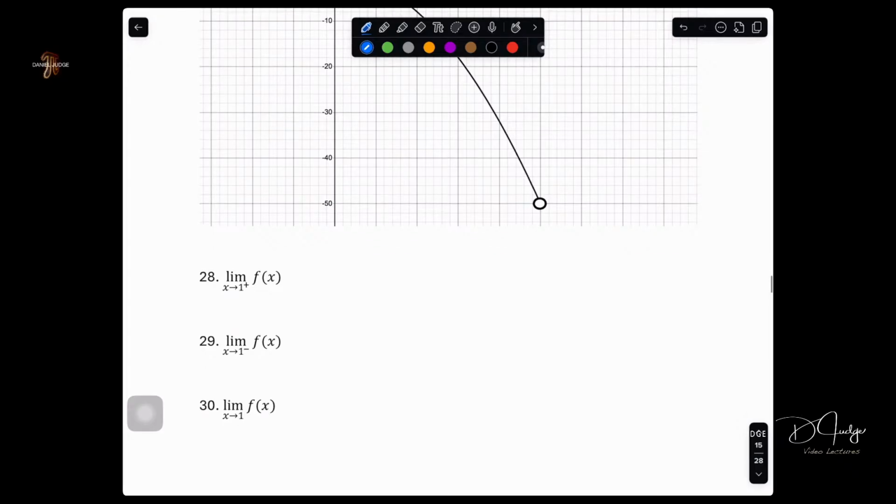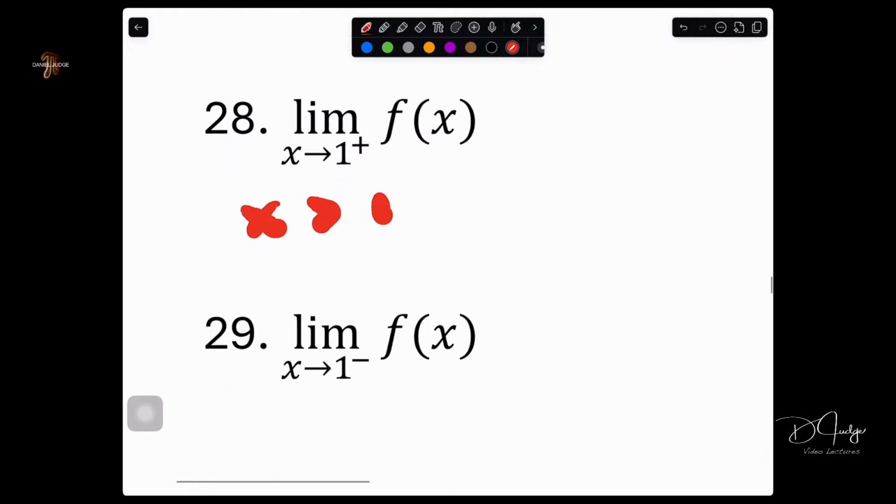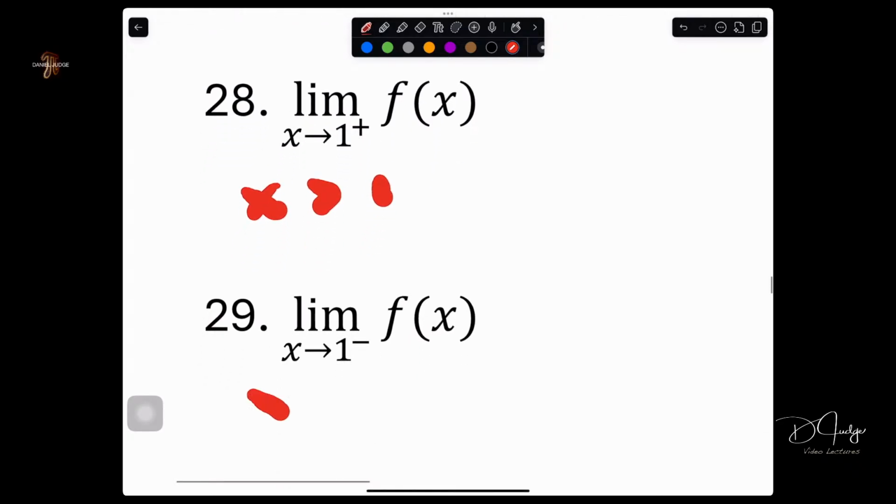And then with the knowledge that x going to 1 from the right simply means those values of x are close to 1, but bigger than 1, and going to 1 from the left means those values of x are close to 1, but smaller than 1, that's the key to knowing what piece to use.